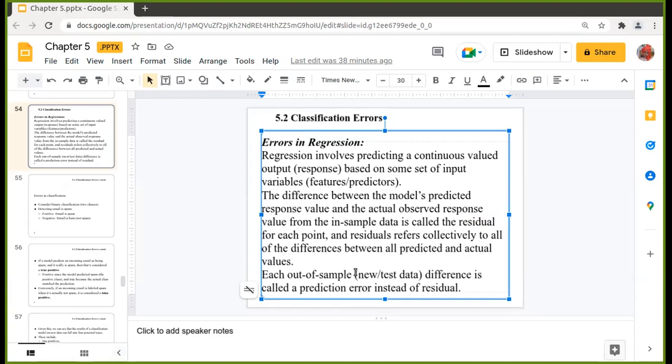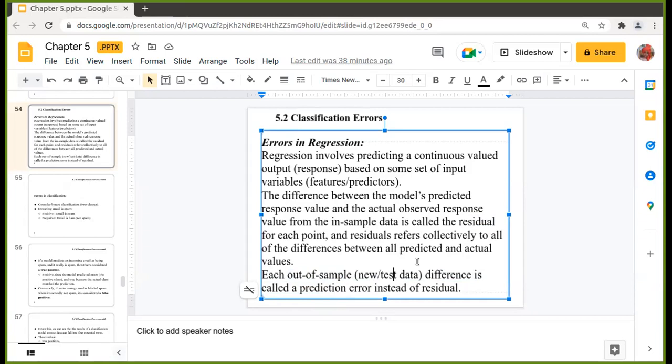But when it comes to new data or test data, which is completely never seen before, then that is called prediction. In case of new data or test data, we do not know the actual answer, and that's why this will be called a prediction error.